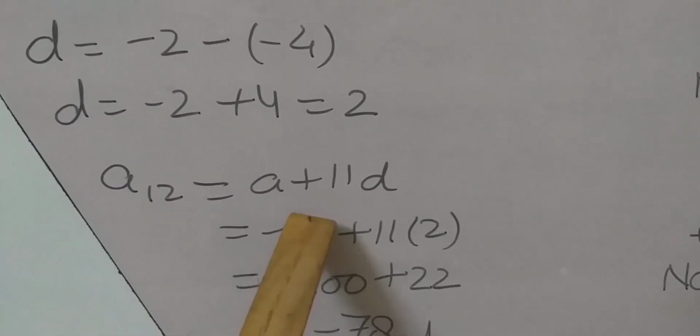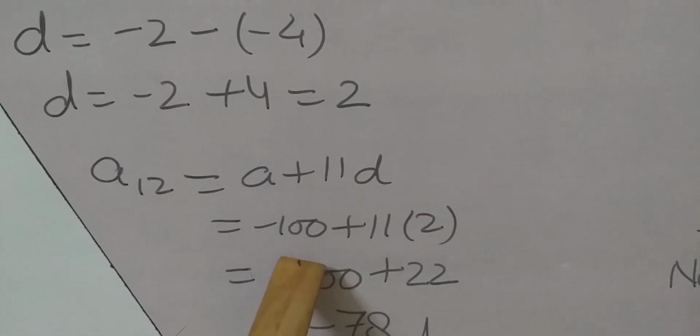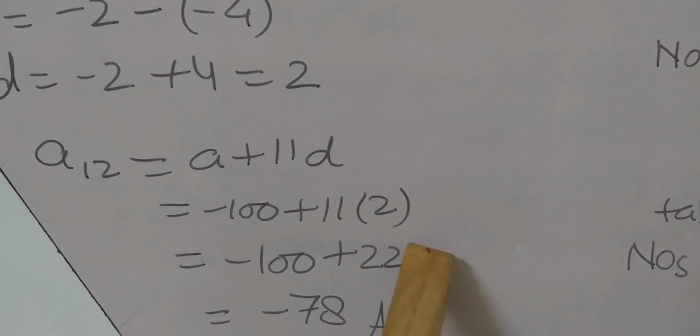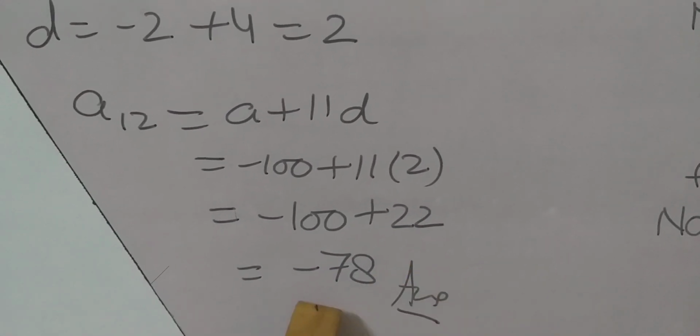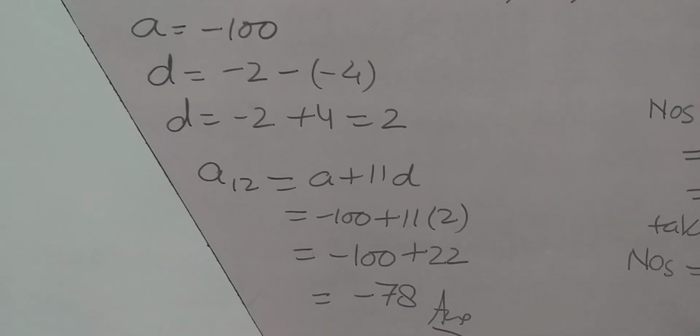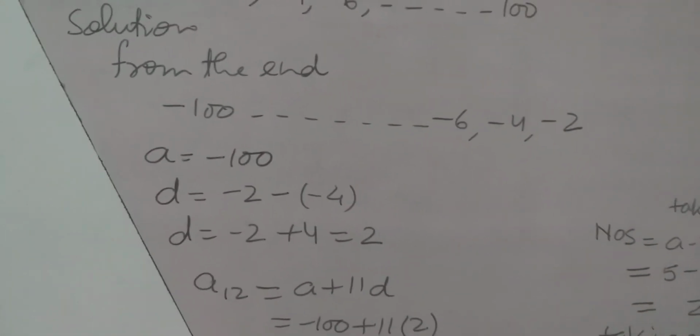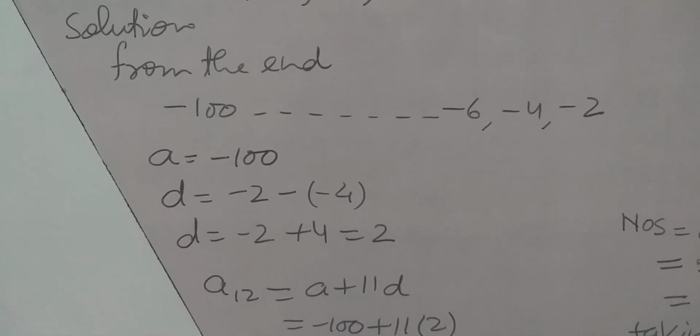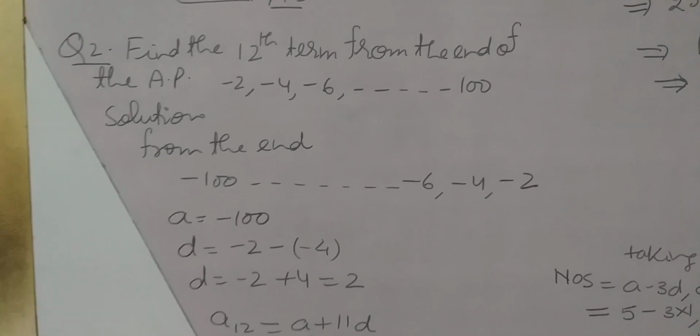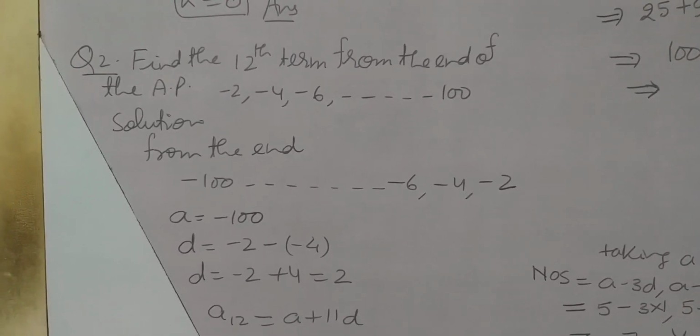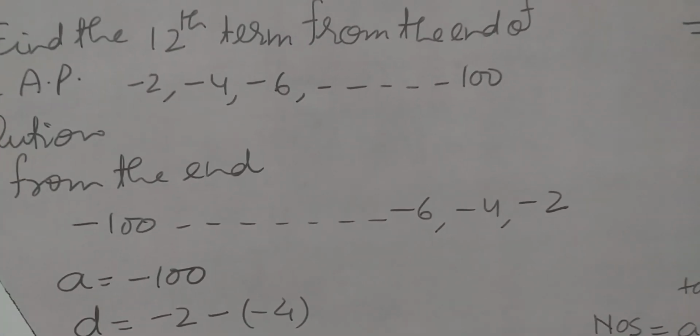So A12 equals A plus 11D. A value minus 100 plus 11, D value 2. Minus 100 plus 22, minus 78. Okay, students. So when the question asks about any term from the end, we have to write the AP in reverse order.